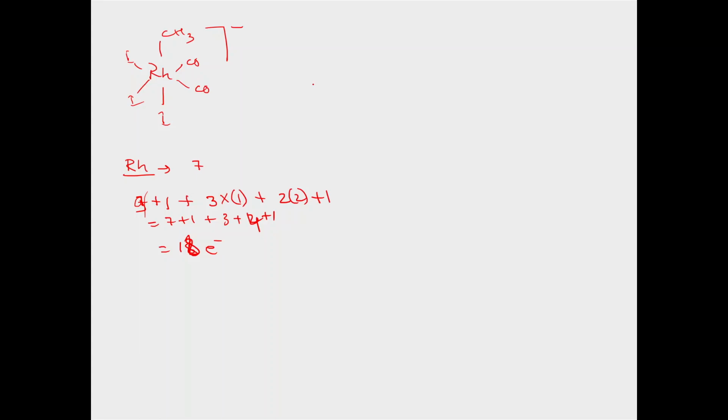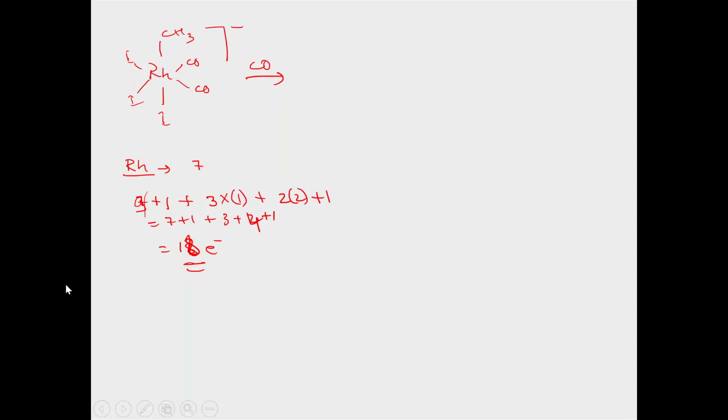So now when they are adding CO, what will happen? This complex is coordinatively saturated because it is already coordinated to 6 ligands, and it is also electronically saturated. It already has 18 electrons. So in this case, first migratory insertion will take place, which will reduce its coordination number and number of valence electrons, and then this CO will come.